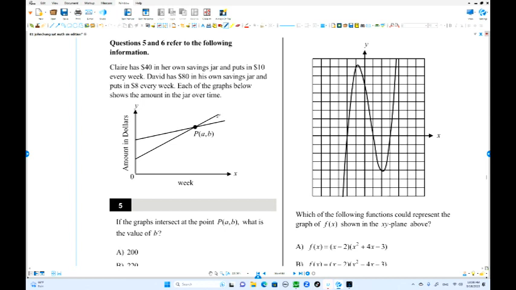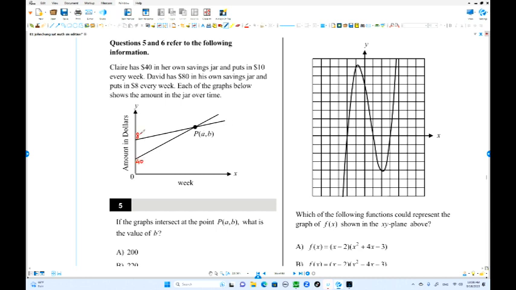Here we go. Number 5 and 6. Claire has $40 in her savings and puts in $10 every week. David has $80 in his own savings jar and puts in $8 every week. This is 40.